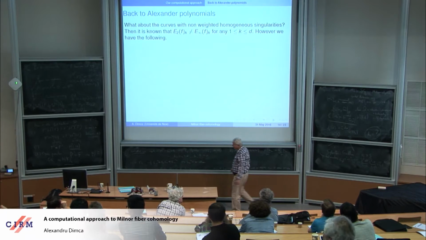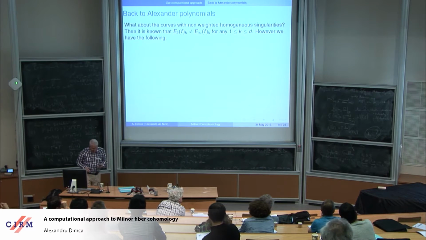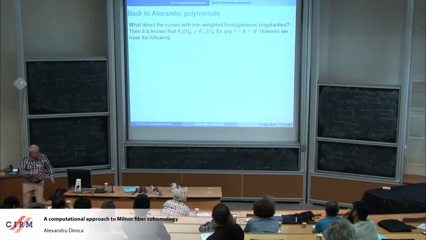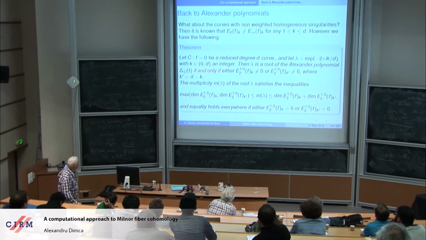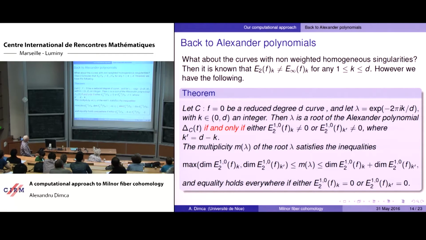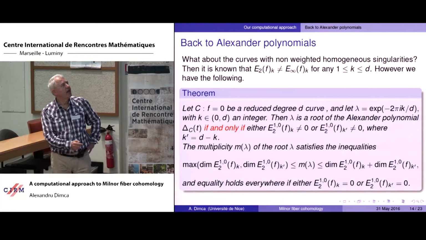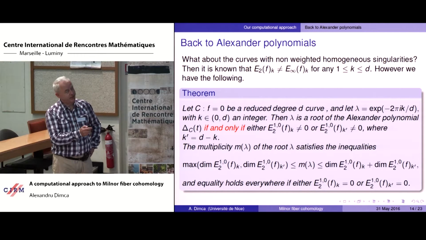So one should try to avoid asking questions about this. And what is a good point is that this is a result in the paper with Gabriel Sticlaru, which says that even if the spectral sequence does not degenerate at E2, we can state exactly when lambda is a root of the Alexander polynomial.